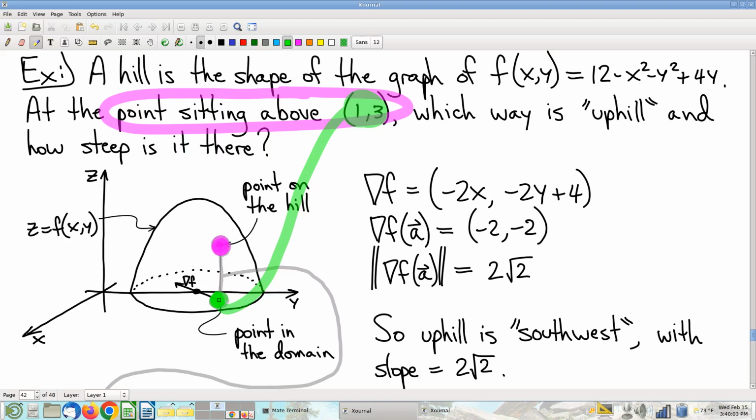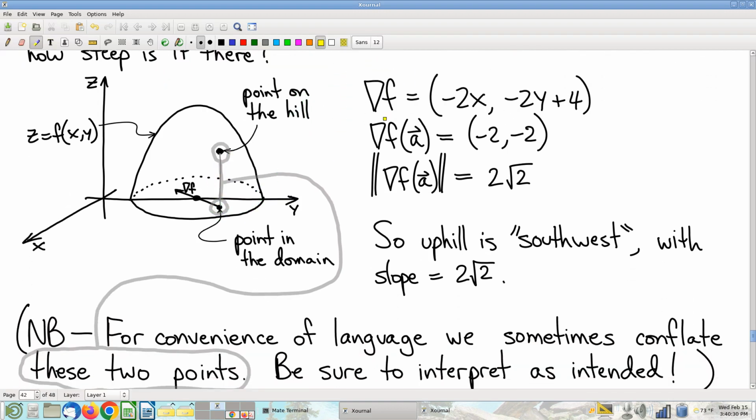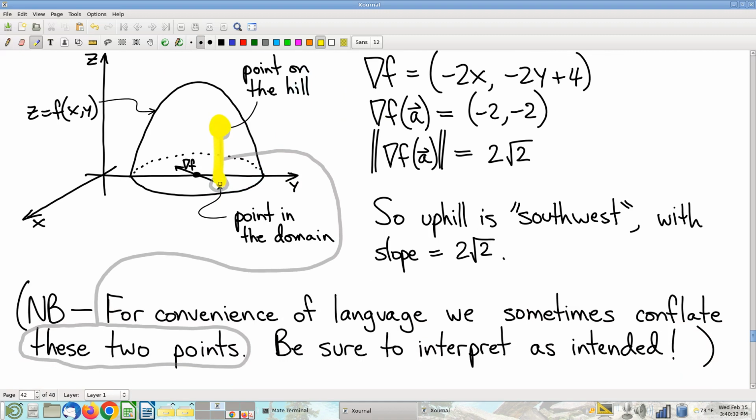Going forward, I probably won't do that. And it's going to be part of the proper interpretation of a question to realize that when I say I'm at 1, 3, well, of course I'm not buried 50 feet underground. I'm on the graph, of course. Does that make sense? Is everybody happy with that? Okay. All right. So we're going to conflate these 2 points, treat them as if they're the same and interpret accordingly.